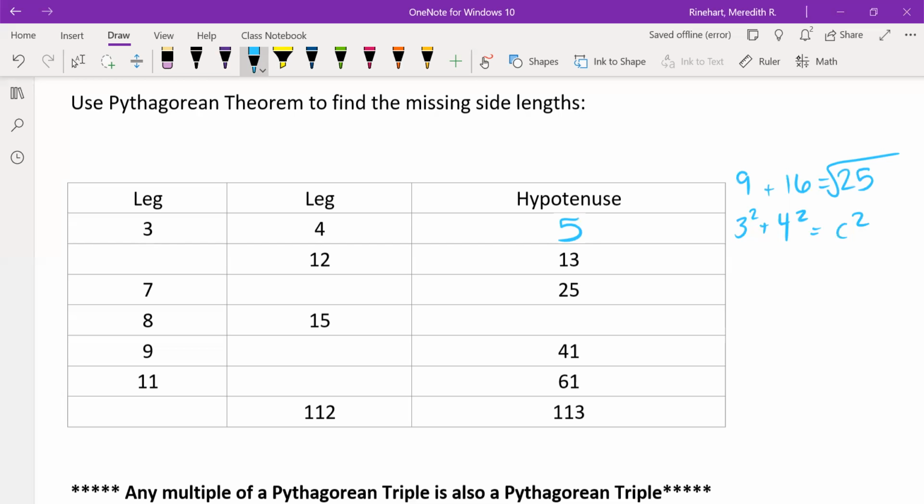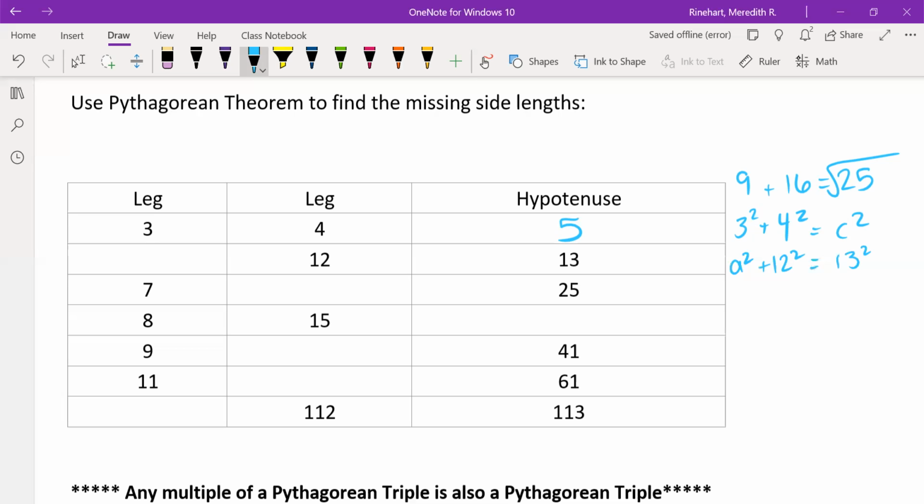Next up, we are going to find our missing leg. So here we've got 13 squared is our c squared. We don't know what our first leg is, so I'll call that a squared, and we've got 12 squared here. So 13 squared is 169.